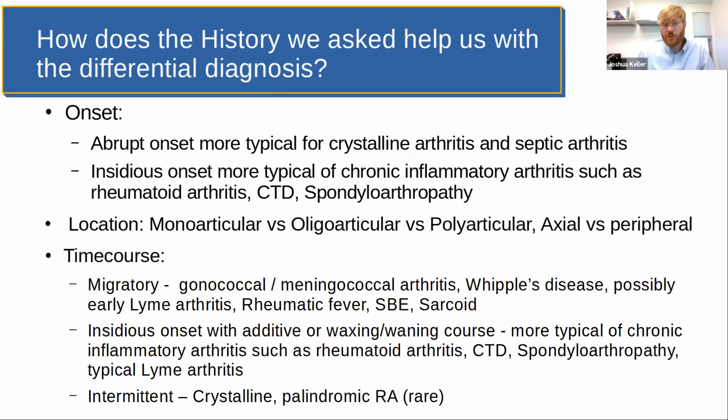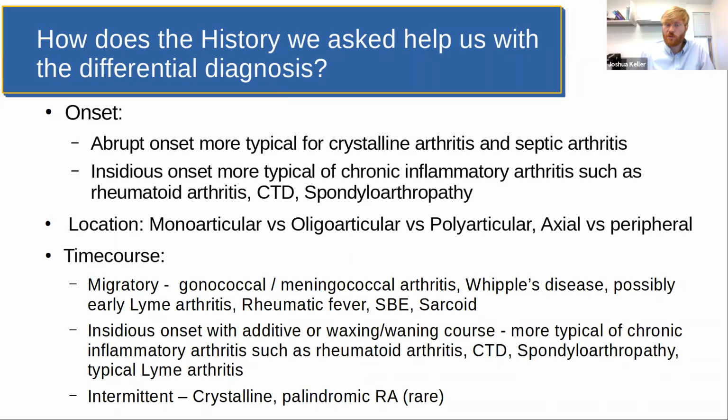So just in turn, I've talked about a lot of these already, but an abrupt onset, so really quick onset. Patient says, I woke up and my toe was red, or I kind of felt a twinge, and then 10, 12 hours later, I had this pain, redness, swelling.